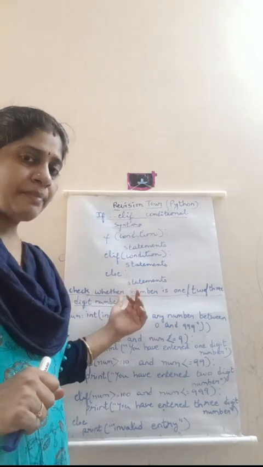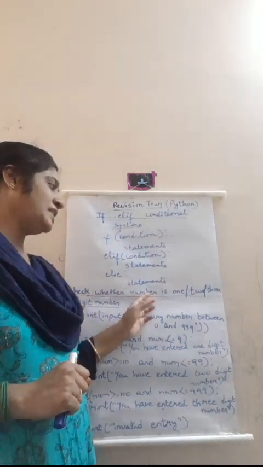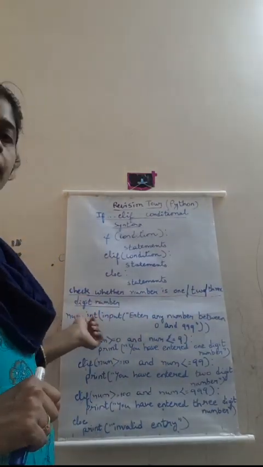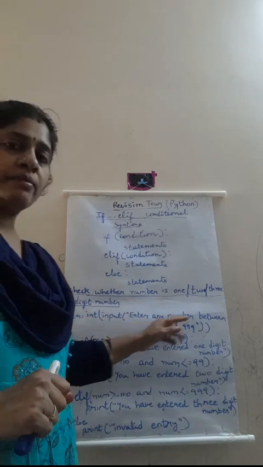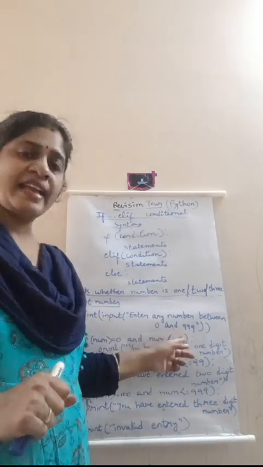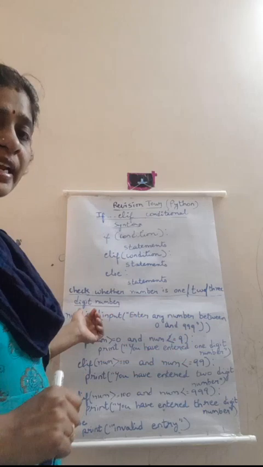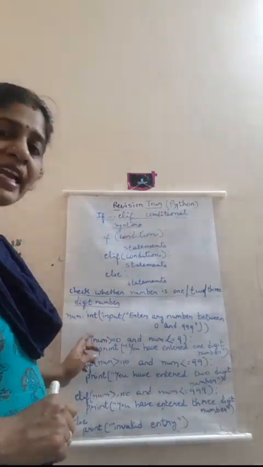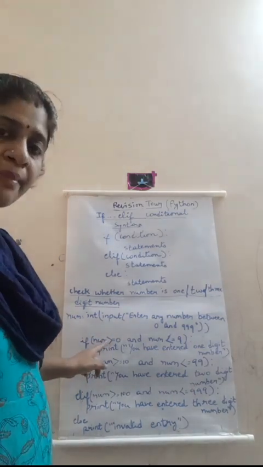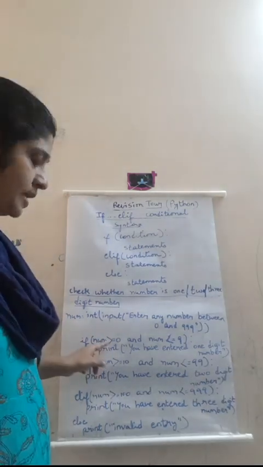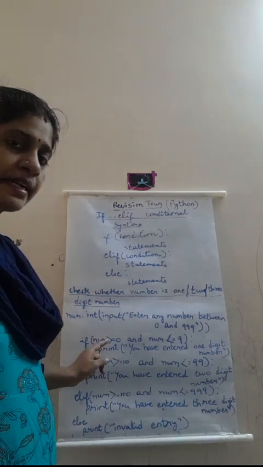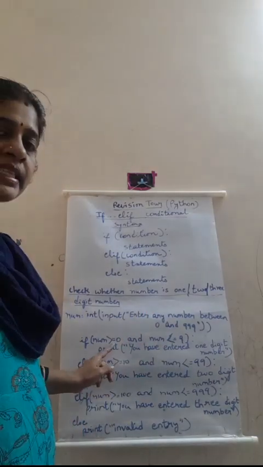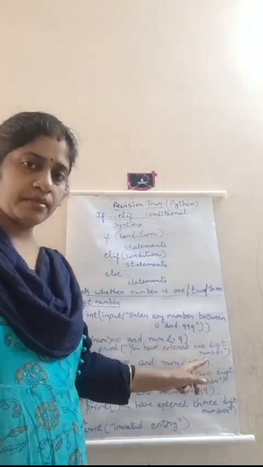Now let us see a program to check whether a number is a 1-digit or 2-digit or 3-digit number. Now I am taking a number from the user between 0 and 999, and I am converting it into an integer and storing it in variable num. I am checking whatever value is stored in num, if it lies between 0 and 9, then I am printing the message that you have entered a 1-digit number.